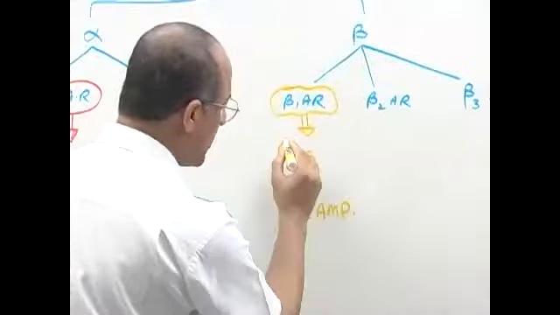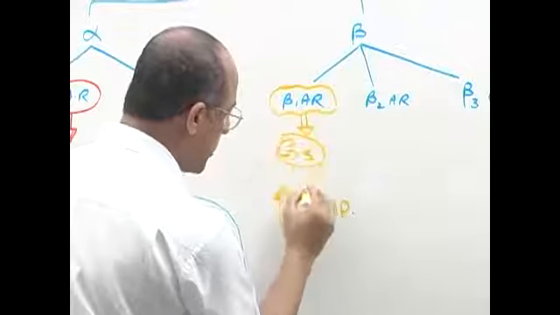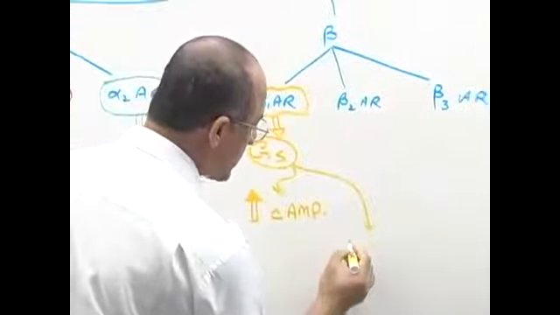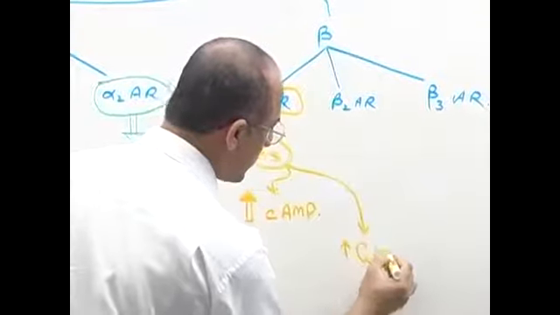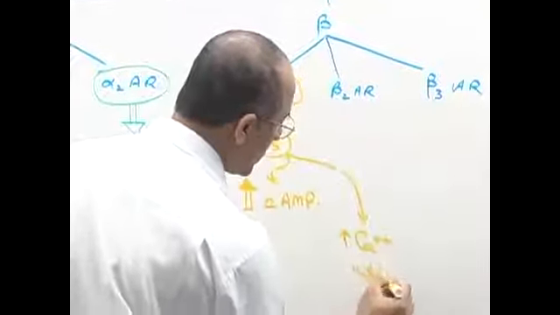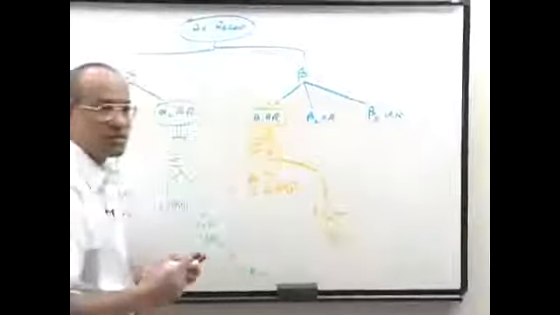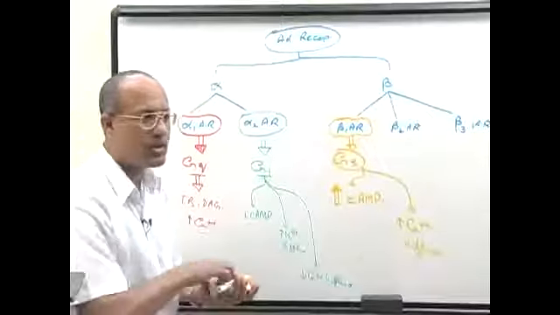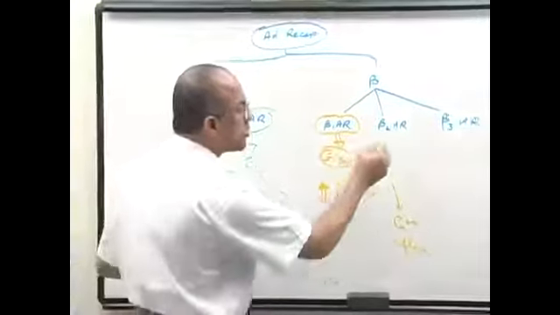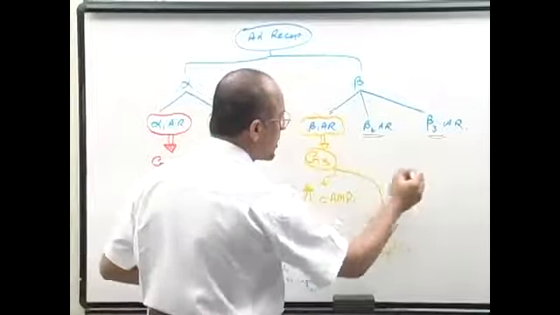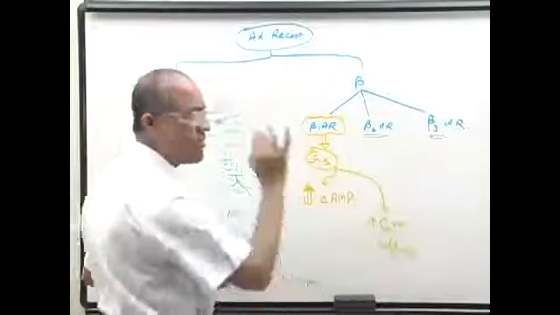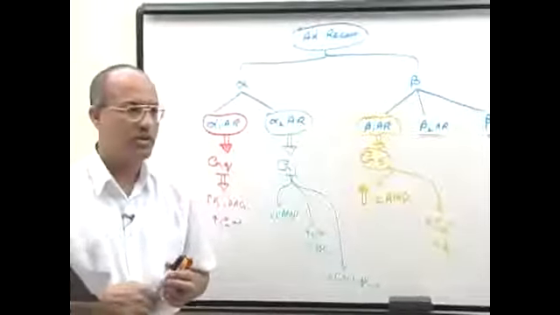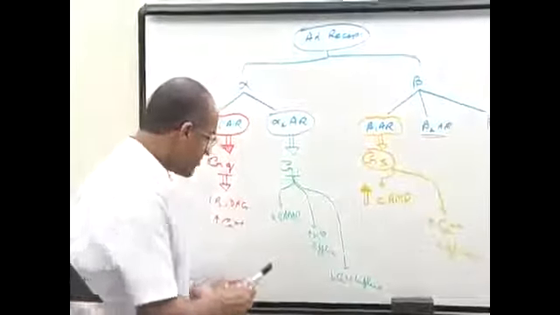G stimulatory has two activities. One is this and the other is increased calcium influx. And then there is the good news that beta 2 receptor mechanism and beta 3 receptor mechanism is the same as beta 1. Any question up to this? There is no question. That's it.